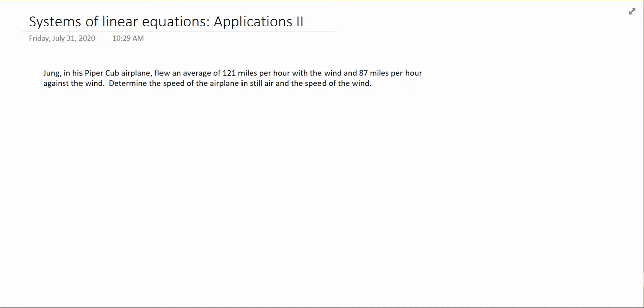Okay. So again, we'll start with the question. So determine the speed of the airplane in still air and the speed of the wind. So we don't know two things. So let's say A is the speed of the airplane in still air.